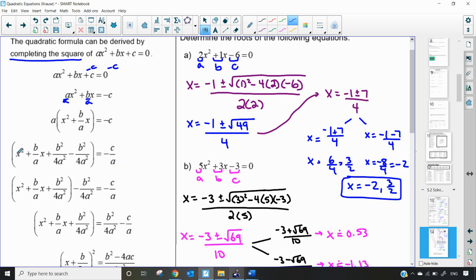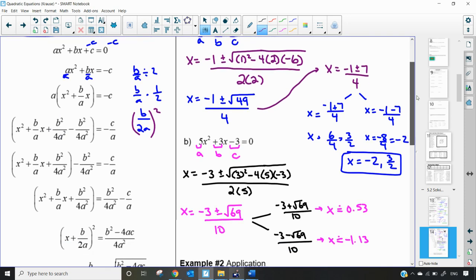And then I'm going to continue by completing the square. So if you remember, our next step is half squared. So we're going to have b over a divided by 2, which is the same as b over a times 1/2. And that gives me b over 2a. So that's our half. And then when we square it, we would have b squared all over 4a squared. So notice here we've got our plus minus b squared over 4a squared.